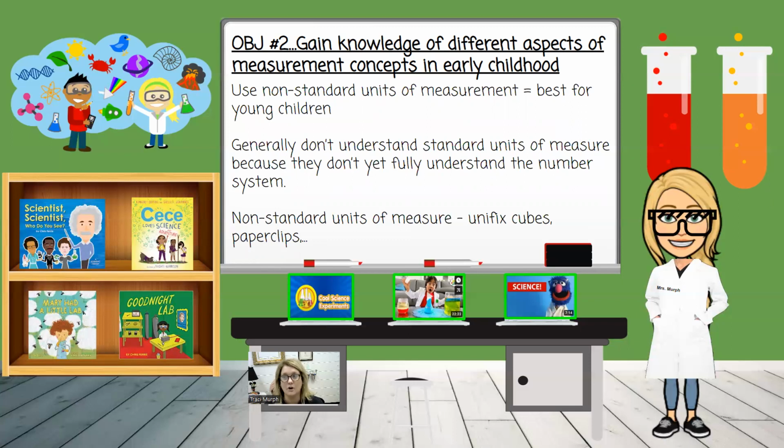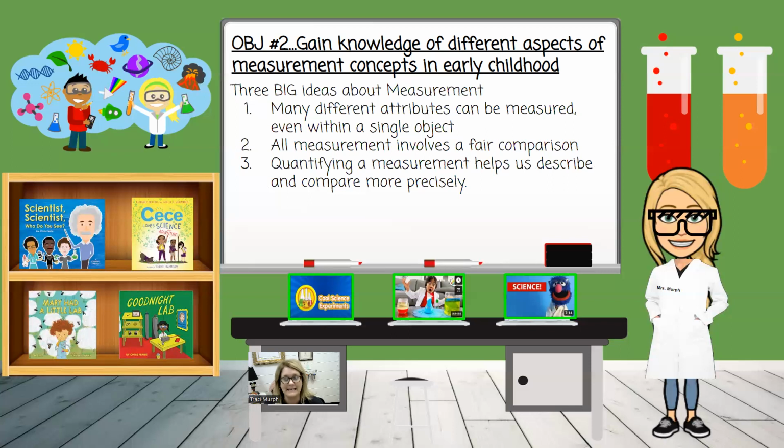They are generally not ready for standard units of measure that adults use because they do not yet fully understand the number system. Non-standard units might include things like Unifix cubes or paper clips. So you might lay out Unifix cubes to see how many it takes to go the length of something, or even paper clips.